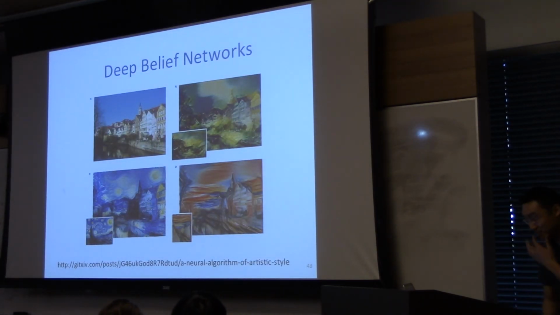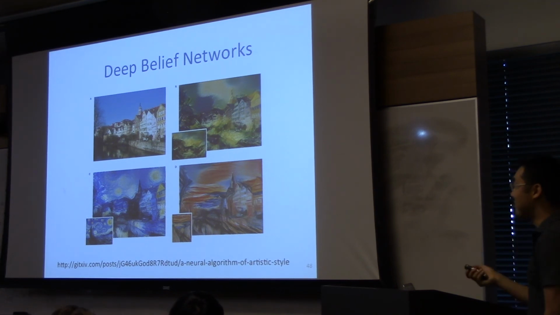The last example is a generative deep belief network, so a deep learning example. The basic idea is that this deep learning algorithm learned the statistics of artistic style, and then given some input image, it can remap that image. It can regenerate this image according to the artistic style of some other input image.